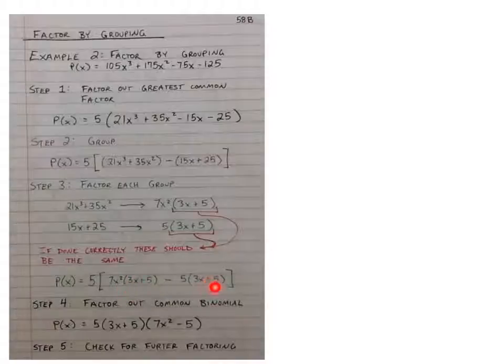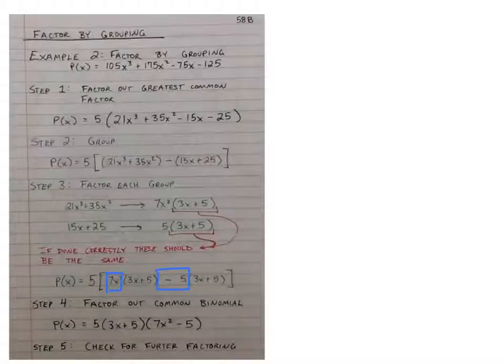Because both of our pieces have a 3x plus 5, we can factor that out to the very front. So we get 5 times 3x plus 5. And what's left inside is 7x squared minus 5.